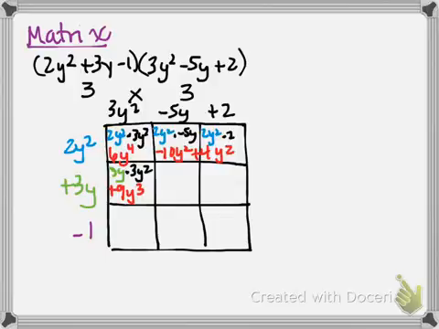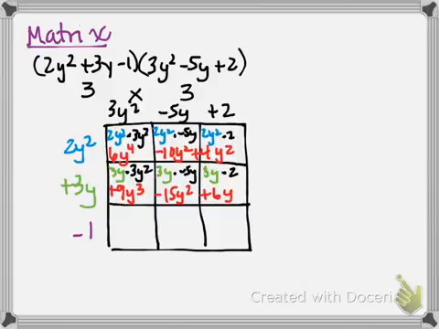And then 3y times the negative 5y is going to give me the negative 15y squared. And then 3y times 2 is going to give me the positive 6y.